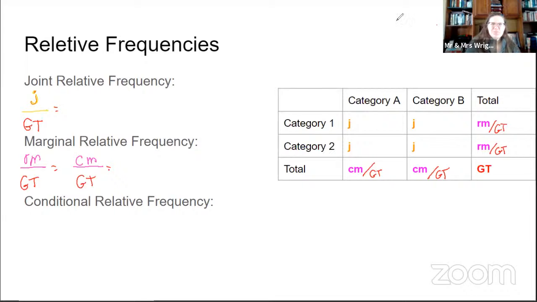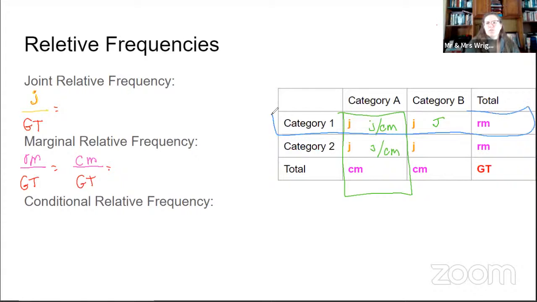Now, the last thing we need to look at is our conditional relative frequency. So this is when you have something that's going to be conditional. So you're going to look at just this row. So it would be the J divided by the CM, the column marginal frequency. Here's another one you could do. You could do a row.